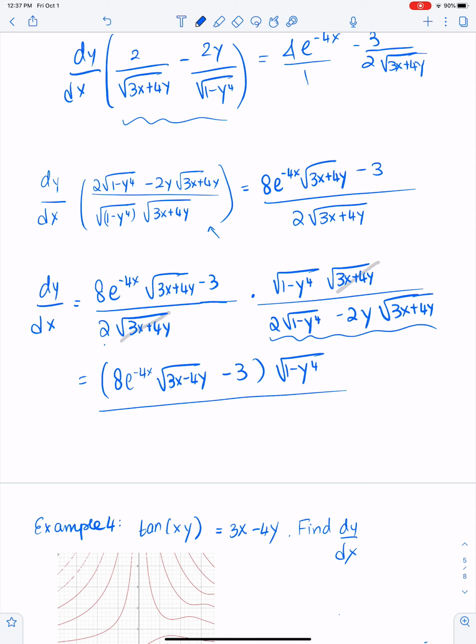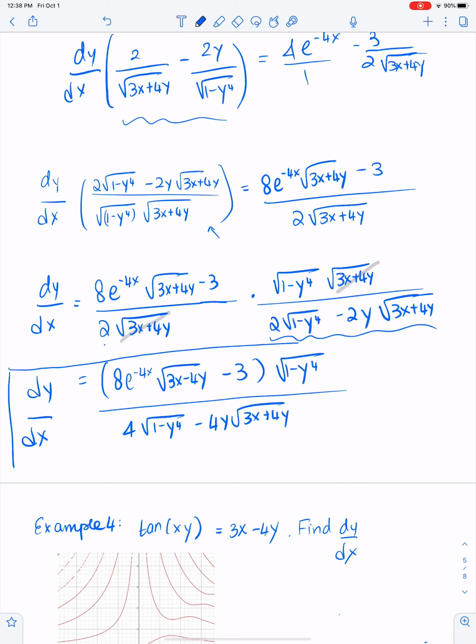So if you want, you can write it with the 4 outside or distribute the 2. It doesn't matter how you want to write it. So that is the dy/dx.